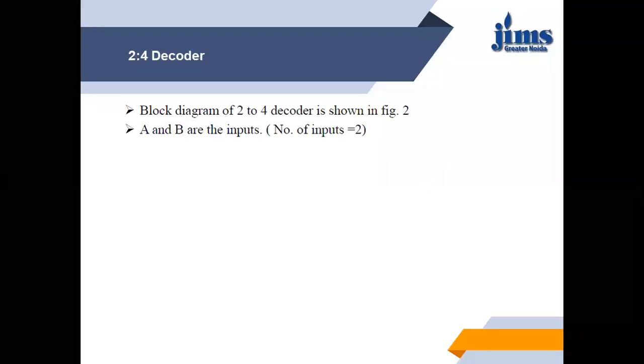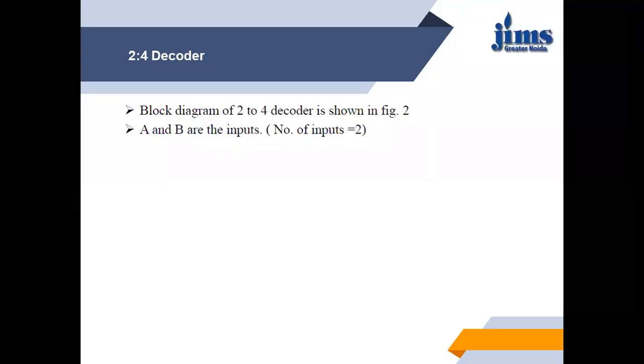Now let us first discuss 2 is to 4 decoder. So it means, as clear from the name, that the number of inputs will be 2 and the number of outputs will be 4. So the block diagram of 2 is to 4 decoder we are going to discuss.